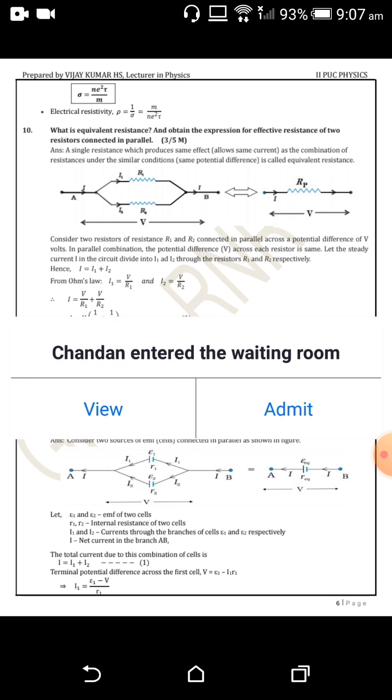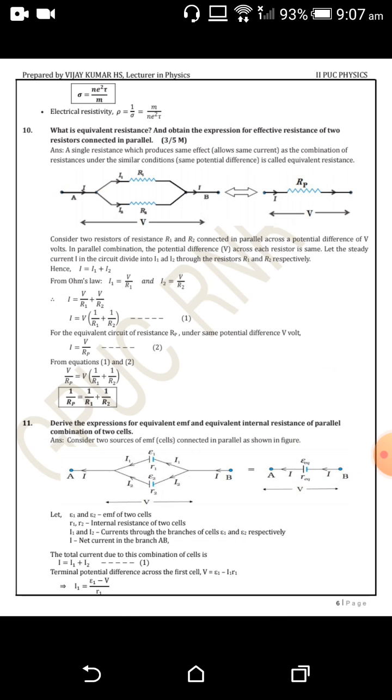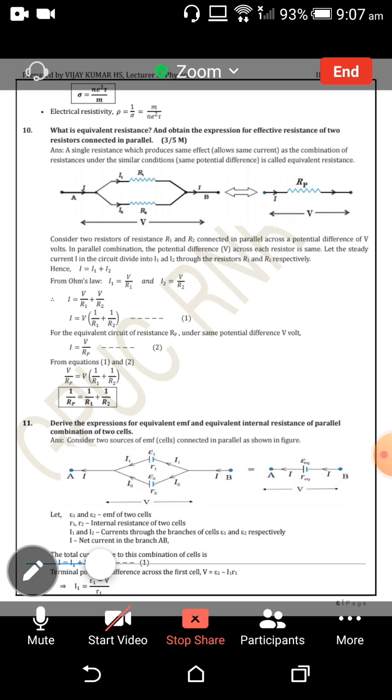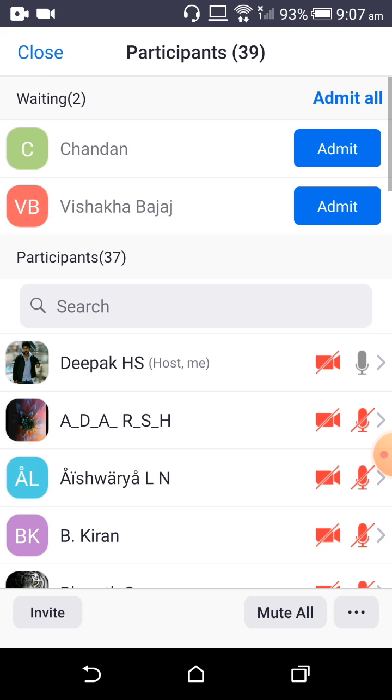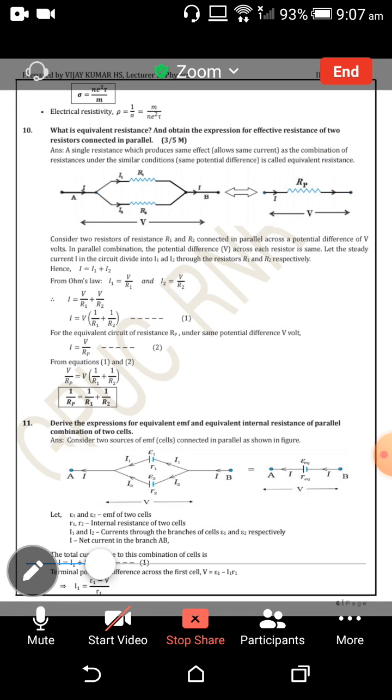As you know, in the figure you have two resistors connected in parallel. The current gets split up through each resistor, so the current is different. The total current comes out to be I is equal to I1 plus I2.